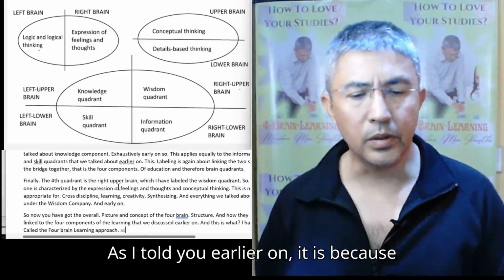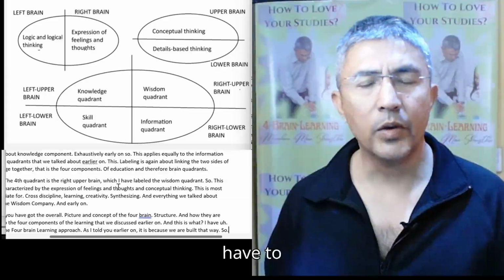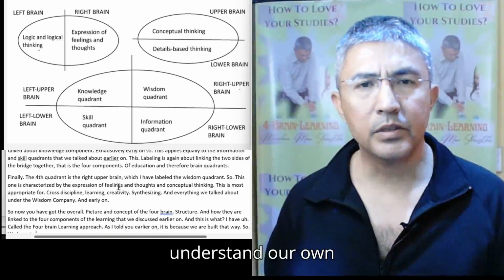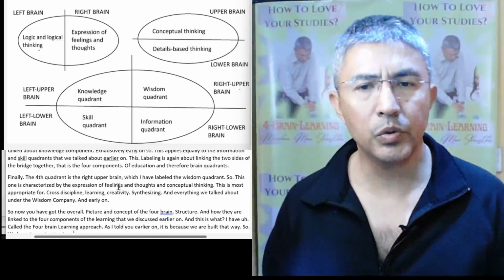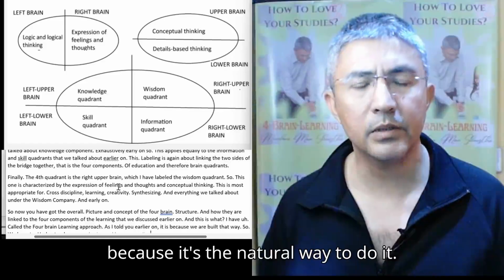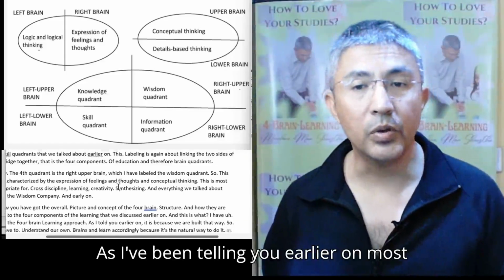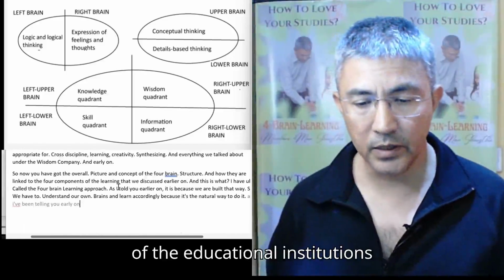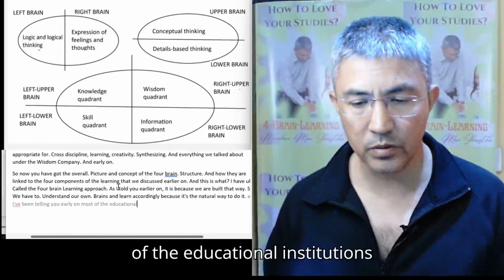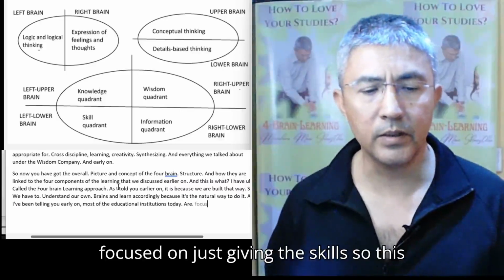As I told you earlier on, it is because we are built that way. So we have to understand our own brains and learn accordingly because it's the natural way to do it. As I've been telling you earlier on, most of the educational institutions today are focused on just giving the skills.